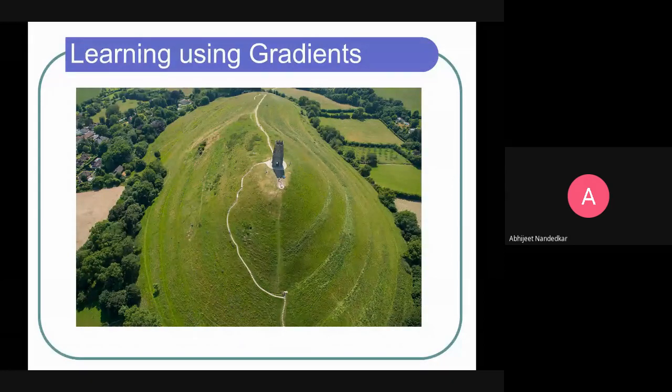Now if you see from the top, this will look like this. So you have this x1 direction and this has, suppose, x2 direction.